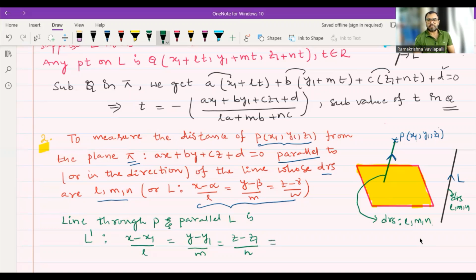Take this equal to t. What we did in the first part, we have to do the same process. Here we need to find the point Q, so find Q using the above process.